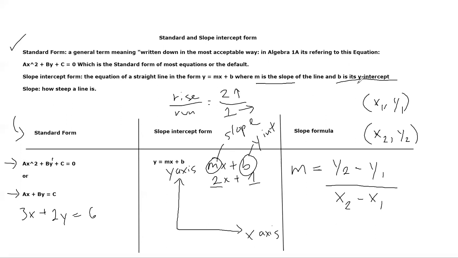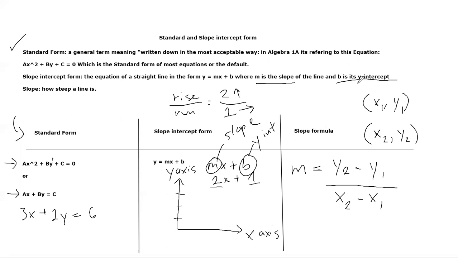If there was a negative involved, like a -2, instead of going up by 2, I would go down by 2, right? So the y-intercept is +1, and wherever 1 is on the y-axis, that's the first point that's going to be on my line.